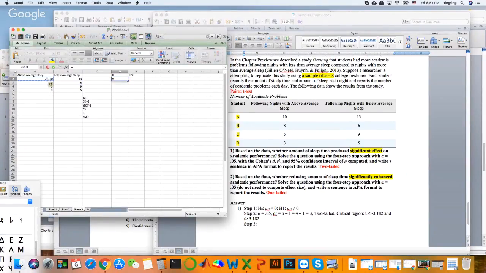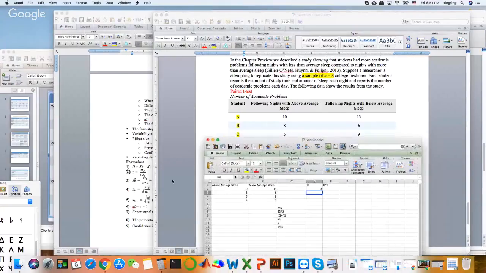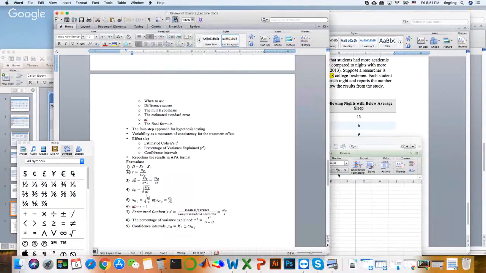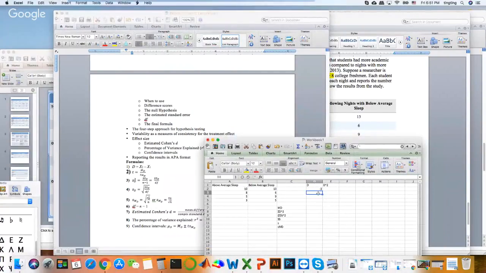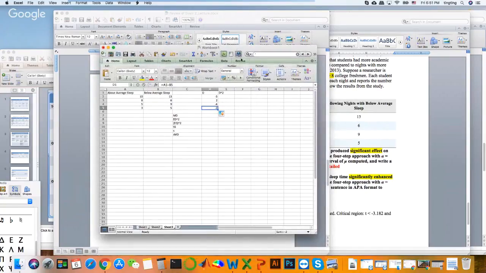The difference score equals this one minus this one. Here is the formula for how to compute the difference score. Let's do it again. This one minus this one is 2. This one minus this one is -4. This one minus this one is -2.